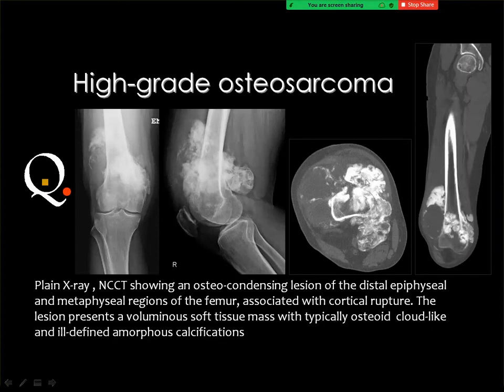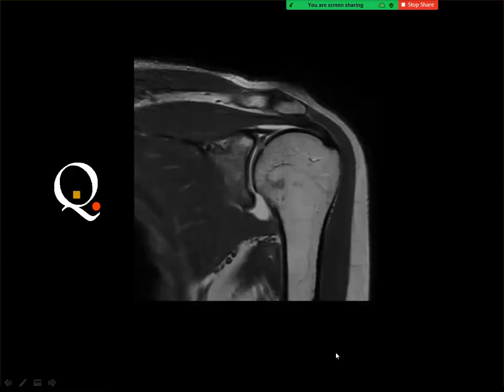Of course, the extensive calcification and the areas of bone destruction in the metaphysis of the long bone may raise suspicion of osteosarcoma. But if your answer is chondrosarcoma, it can be considered a right answer.